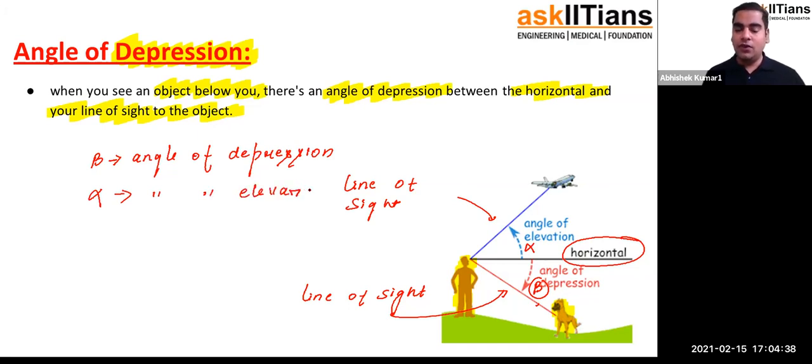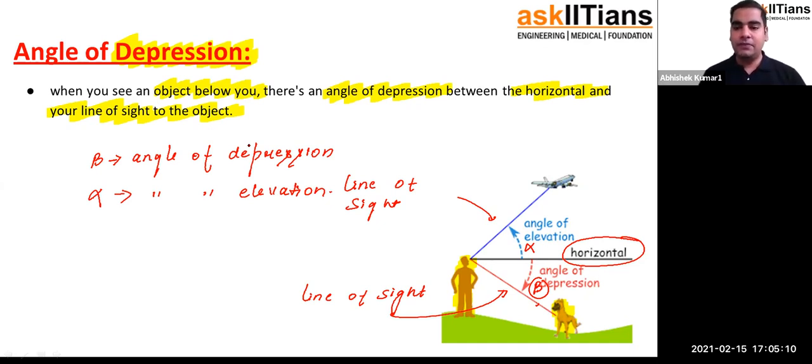Okay, so more or less the concept of angle of depression is very similar to the concept of angle of elevation. It is just that when we are talking about angle of elevation, the object which we are observing should be above the position where I am standing, and when we are talking about angle of depression, then the position of the object under consideration must be below it. That is the only difference. Apart from that, be it horizontal, be it line of sight, everything else remains same. That's it. Okay. Is it clear?